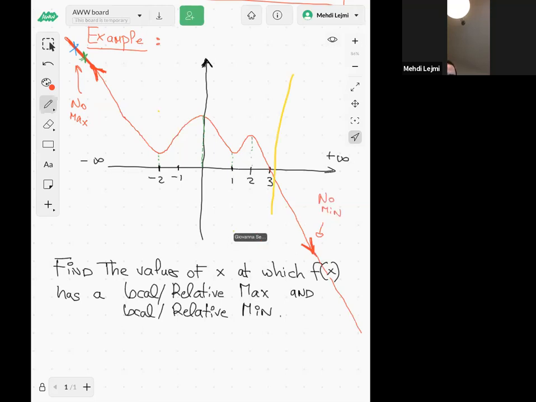If you say this blue point is a minimum, I would say the next one, this green one here, would be lower than the blue one, right? Because the line doesn't stop, it goes all the way down, so there will be no minimum there. Does this make sense to you guys? If you see an arrow, if your graph goes all the way up or all the way down, then there'll be no maximum or minimum.